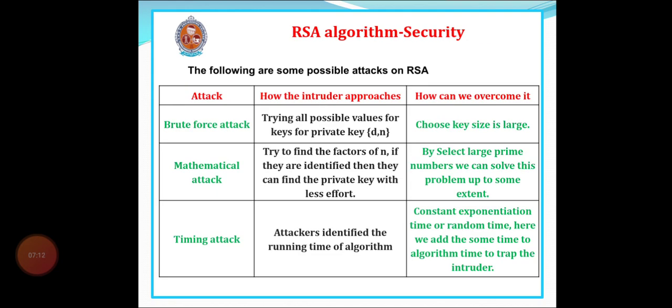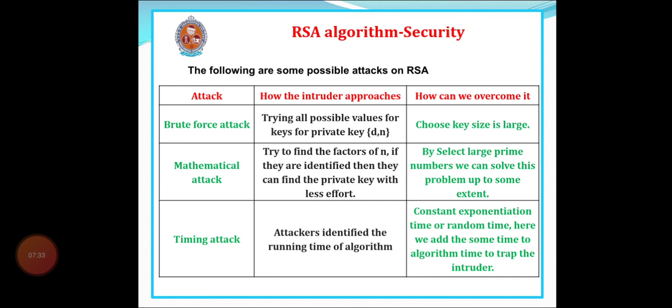Now coming to the security of the RSA algorithm, there are three main possible attacks in the RSA algorithm. Number one is brute force attack, then mathematical attack, and timing attack. In a brute force attack, the attacker tries all possible values of the private key d comma n. To overcome it, we have to choose a large key size.